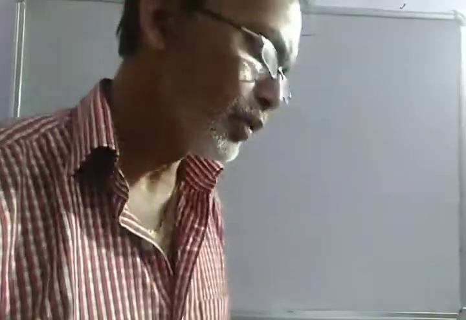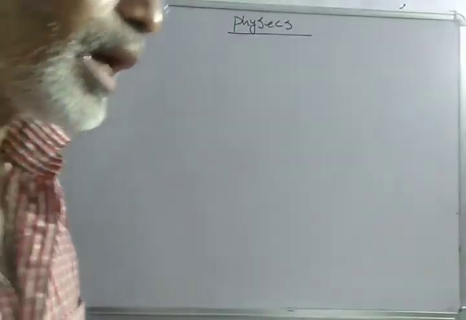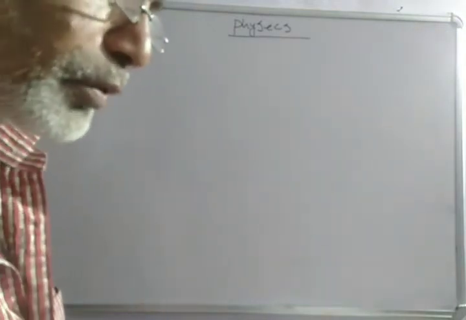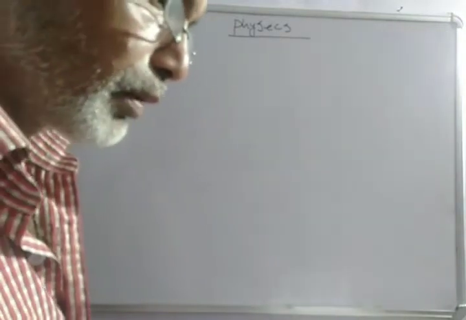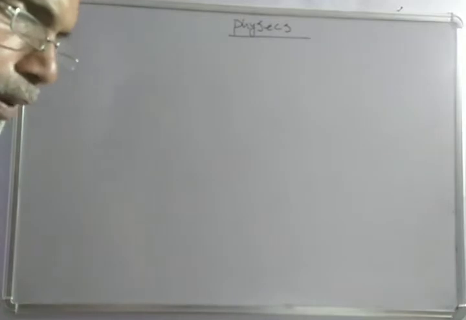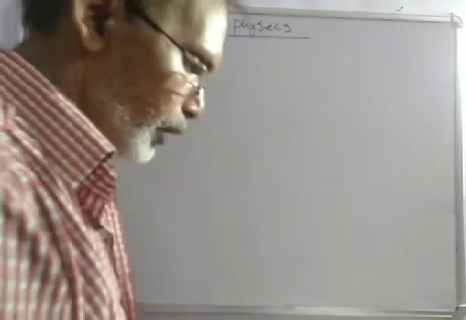I am starting from the half which I have left in the numericals problems part 1. Now in part 2, I am telling you about Ohm's law. What is Ohm's law? I taught you in that class.